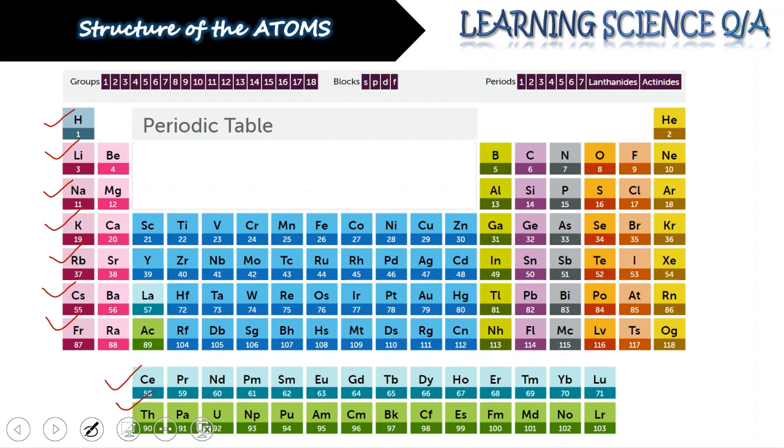Again, we have 18 groups: first, second, third, fourth, fifth, sixth, seventh, eighth, ninth, 10th, and till 18th we are here. Now, these groups and periods have their specific properties as we discussed in the previous slide.